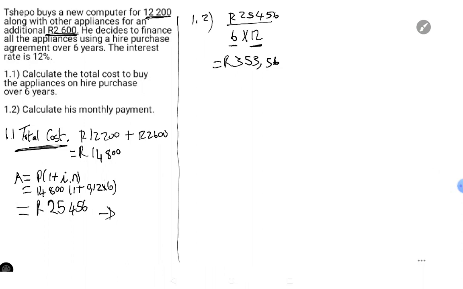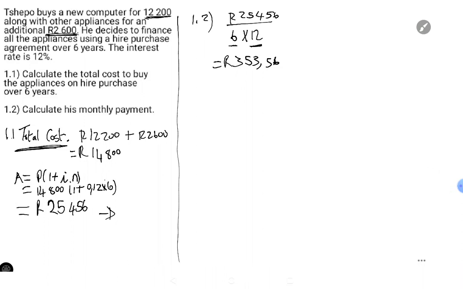He decides to finance all his appliances using a hire purchase agreement over 6 years. The interest rate is 12%. So the first question, which is 1.1, says calculate the total cost to buy the appliances on hire purchase. So firstly, calculate total cost, and then we're buying the appliances on hire purchase.